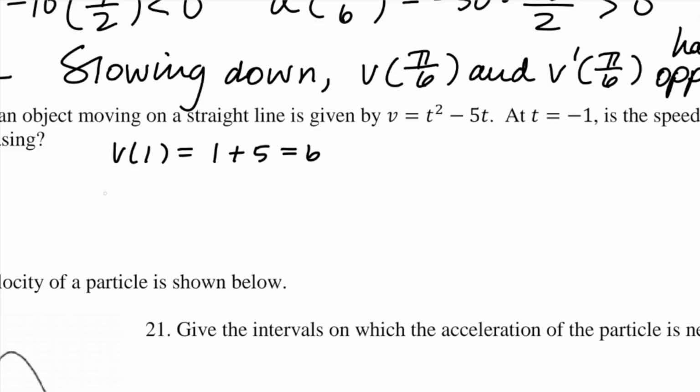And then the derivative of v, just take it, 2t minus 5, so that's going to be 2 times negative 1 minus 5. That's negative. Am I missing something here?